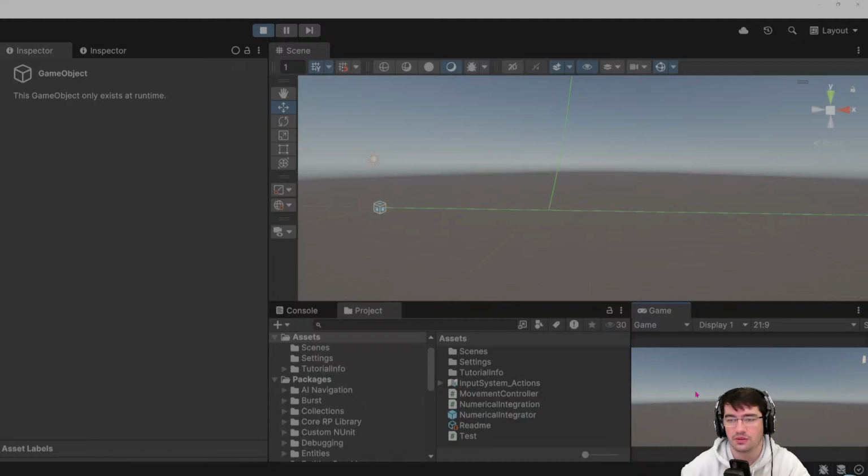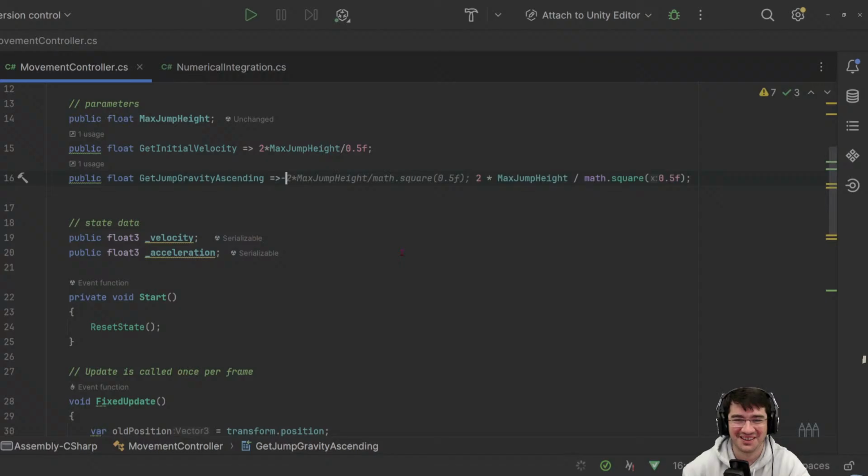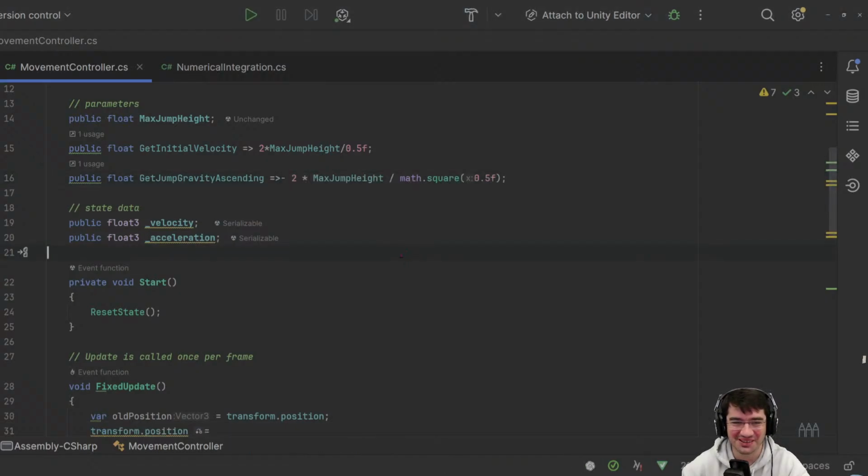Next one. And I forgot to put it negative for the acceleration. So it's not a jump, it's a takeoff.